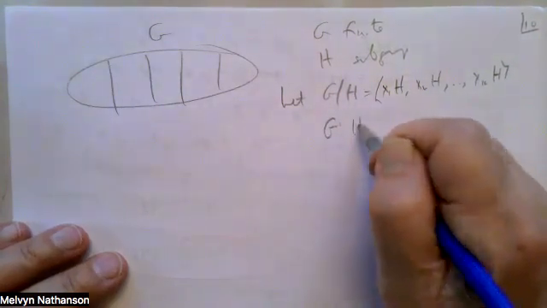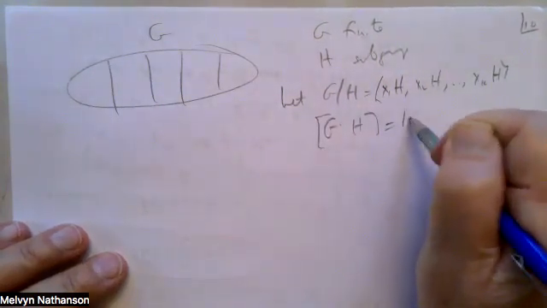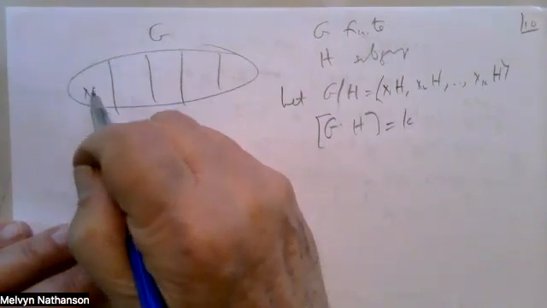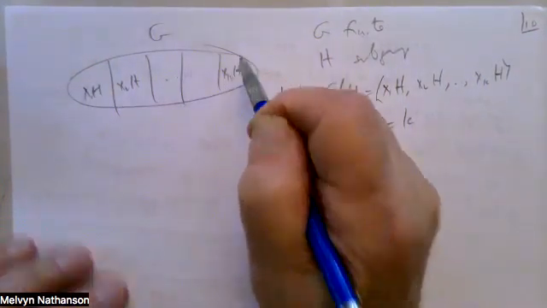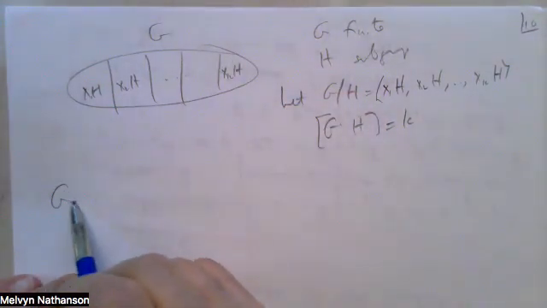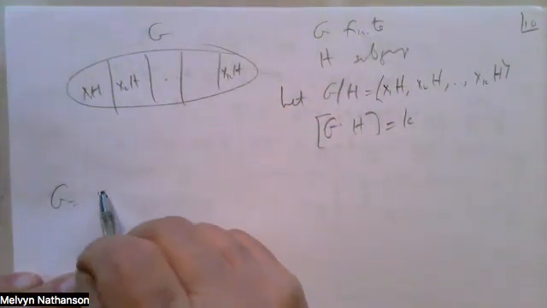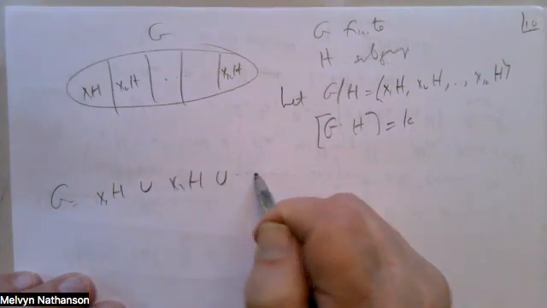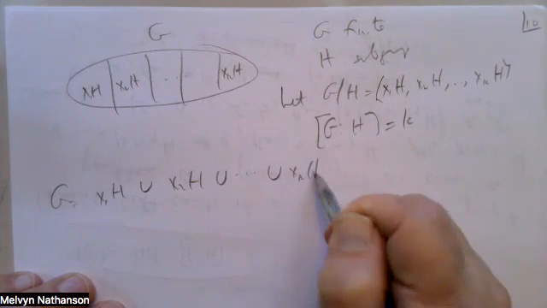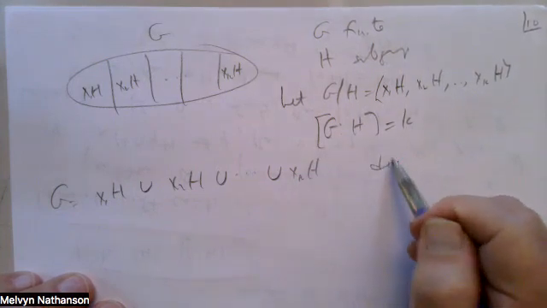So the index of H in G is equal to k. So G is the union of these cosets, x1H union x2H, and so forth, up to xkH. And this is a partition.